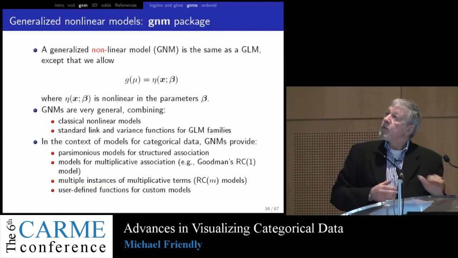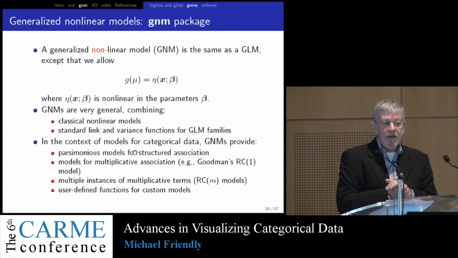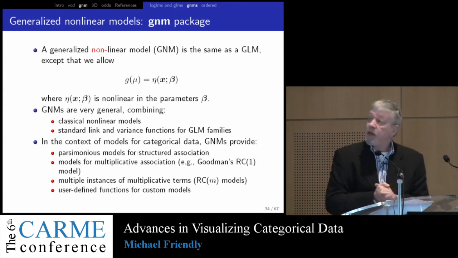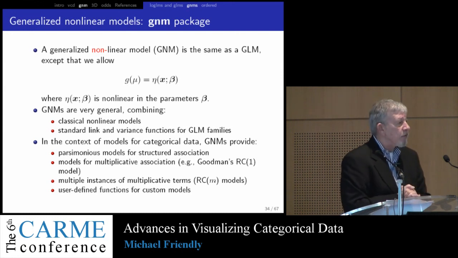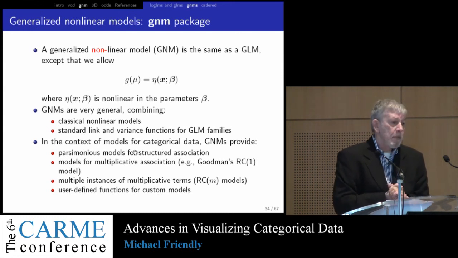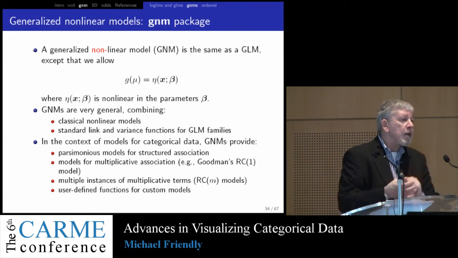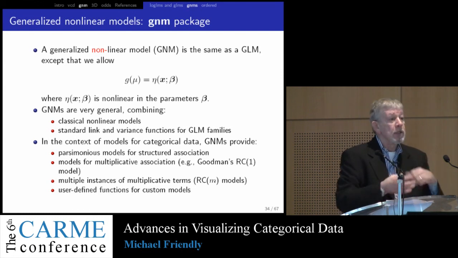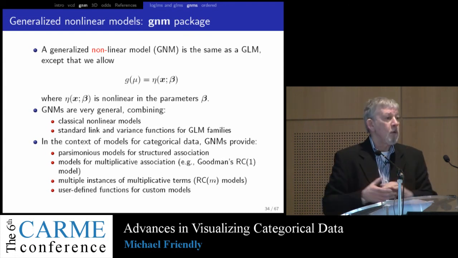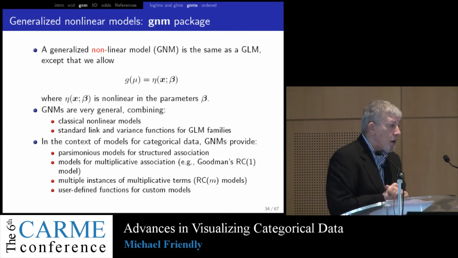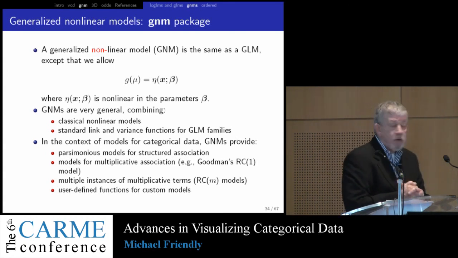A generalized nonlinear model is really the same as a generalized linear model, except that the link function can be nonlinear, and nonlinear in the parameters. So these essentially simply combine classical nonlinear models with the standard forms of generalized linear models. But in the context of categorical data, these provide great benefits.